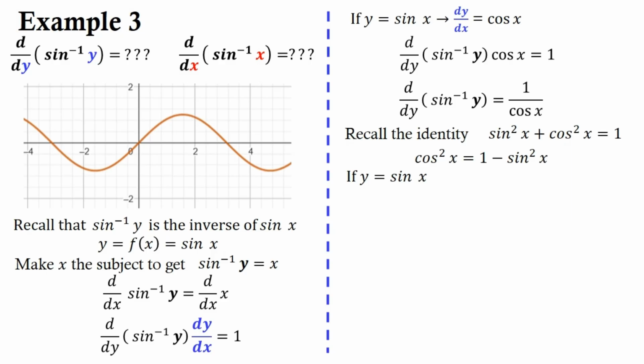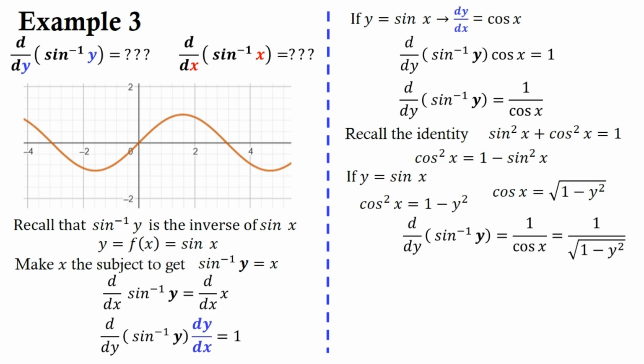We just need to substitute y equals sine x back into our expression, and that will give us cos x equals the square root of 1 minus y squared. We can find the square root of both sides. So we can now substitute everything back into 1 over cos x to give us 1 divided by the square root of 1 minus y squared.